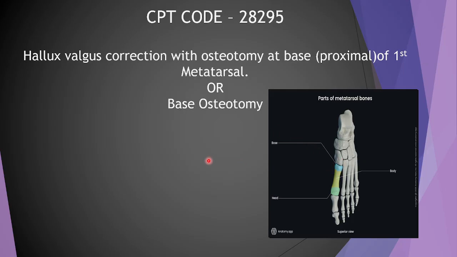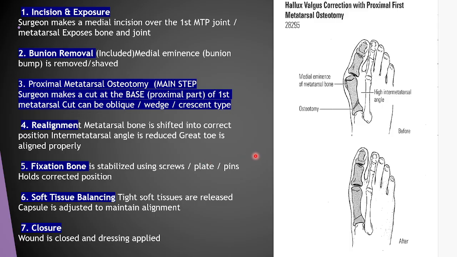First, the physician will make an incision over the first metatarsal and expose the bone and joint. After that he will do the bunion removal, removing the bunion bump, that is the medial eminence. After that, the main step is the proximal metatarsal osteotomy.